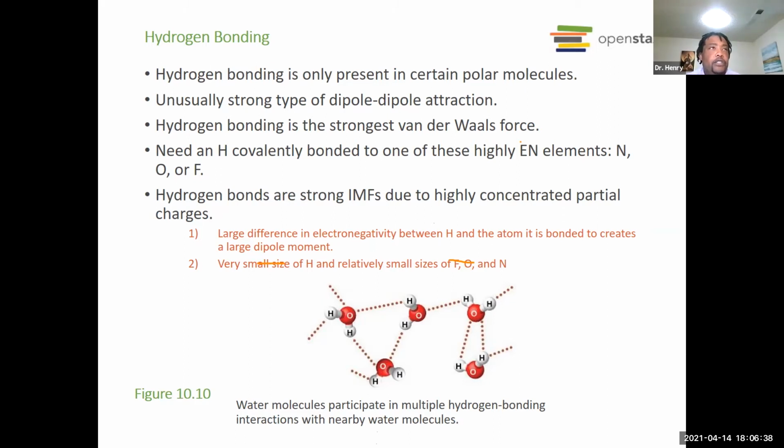Since they have a high electronegativity, they pull the electrons really close to themselves, and that hydrogen is going to have a partial positive charge. In this case, the oxygen is going to have a partial negative charge. Since these atoms are so small and have a strong electronegativity, that interaction is going to be much stronger than regular dipole-dipole. So hydrogen bonding is going to be significantly stronger than the other.